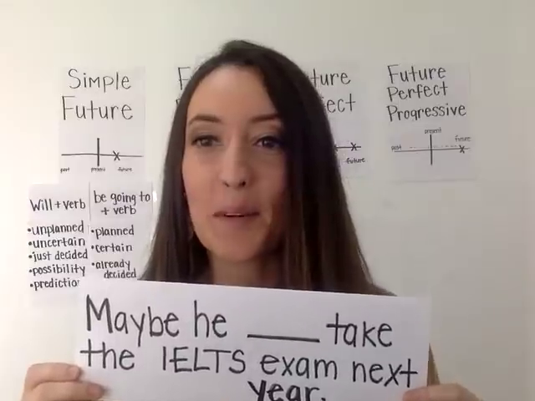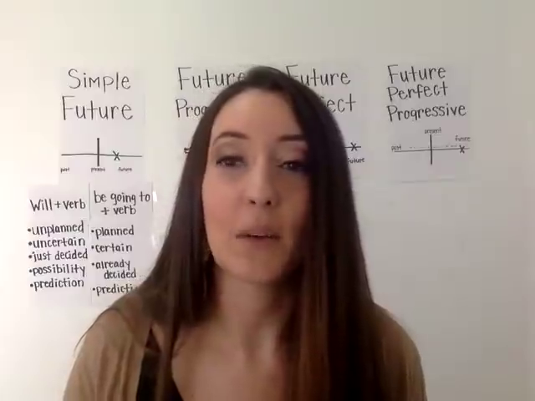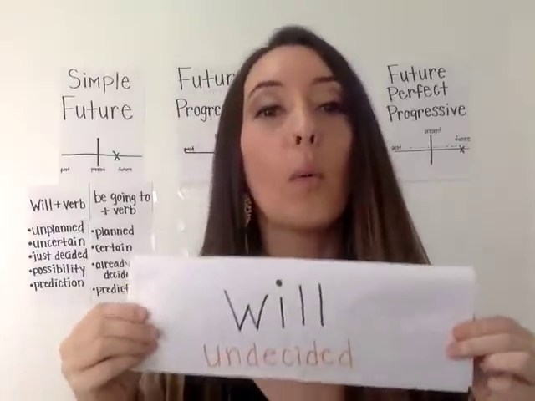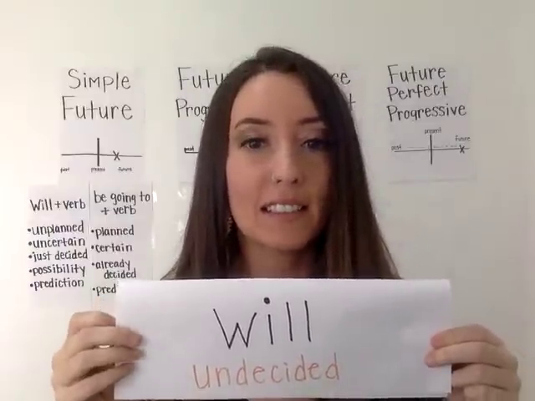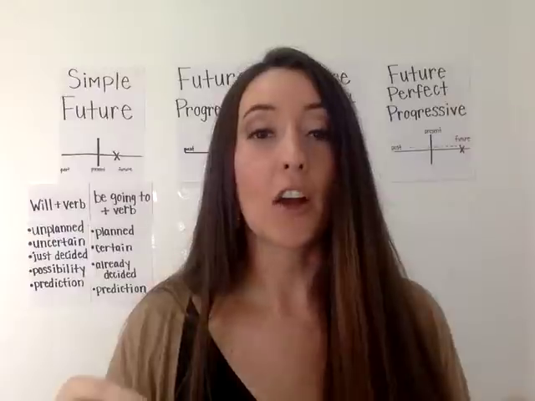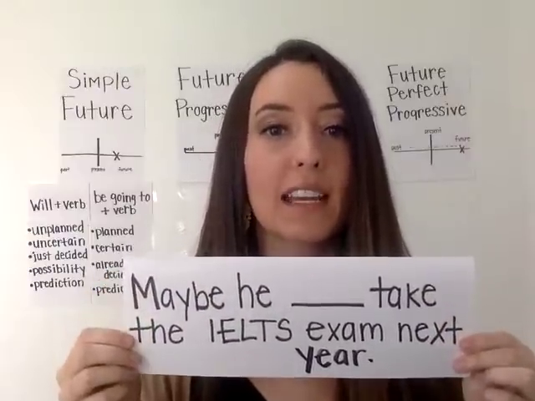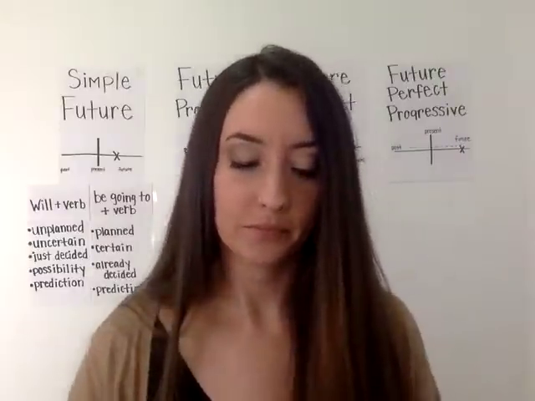I see lots of people answering correctly. All right, so on this one, the correct answer is will, because it is undecided. Our indicating word is maybe. Maybe he'll take the IELTS exam next year, but he's not so sure.